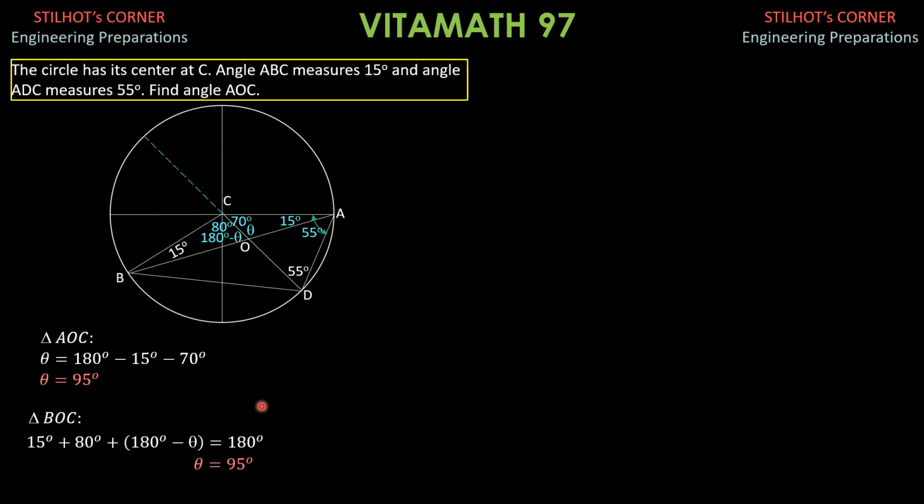The third way of solving for angle theta is that the measure of this total angle here, because this is already 70 degrees. So this is a straight line angle, 180 minus 70. So this angle is 110 degrees.